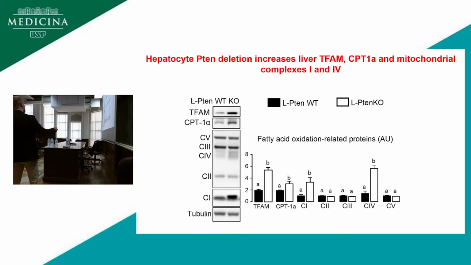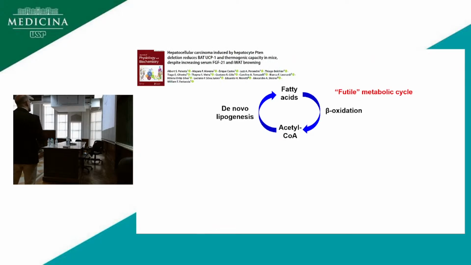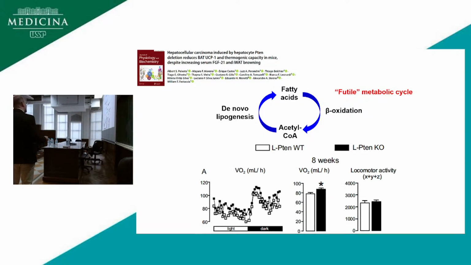So TFAM content was increased in the liver of PTEN-KO mice. We also found an increase in the content of CPT1 alpha and also complex 1 and complex 4 from the mitochondrial respiratory chain in the liver of these mice. So, by using a completely different mouse model, we are able to reproduce this activation of this futile metabolic cycle.